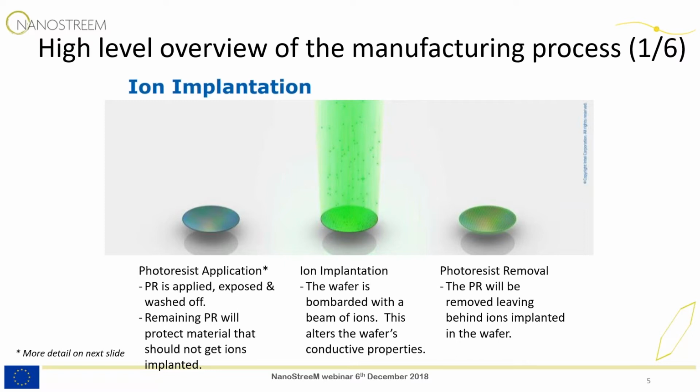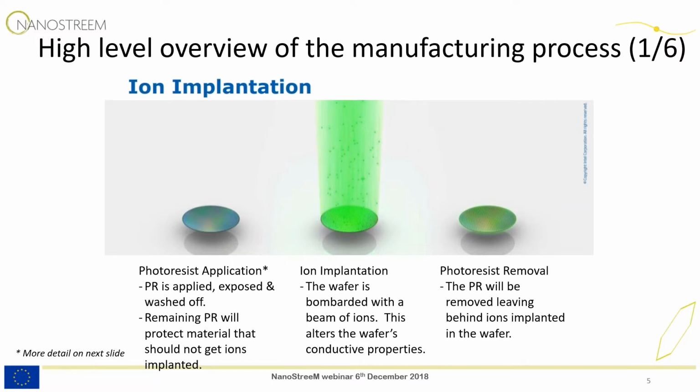So again, I'm not going to go into an awful lot of detail, but at a high level, one of the first things that we absolutely utilize is that we take that silicon wafer and we apply what's known as a photoresist. Now that has a tremendous function for us, and in building up the different layers, photoresist is basically applied, exposed and washed off at different instances throughout the process.